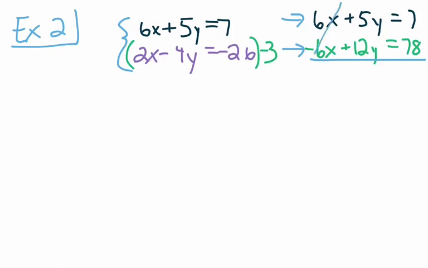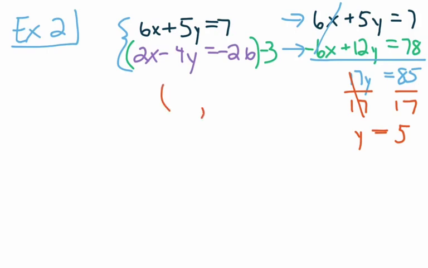And then 5y plus 12y is going to give me 17y is equal to 85. 17y is equal to 85. Next step, going to be to divide by 17. 17's cancel, and we get y equals 5. So the y value of our ordered pair is going to be 5.